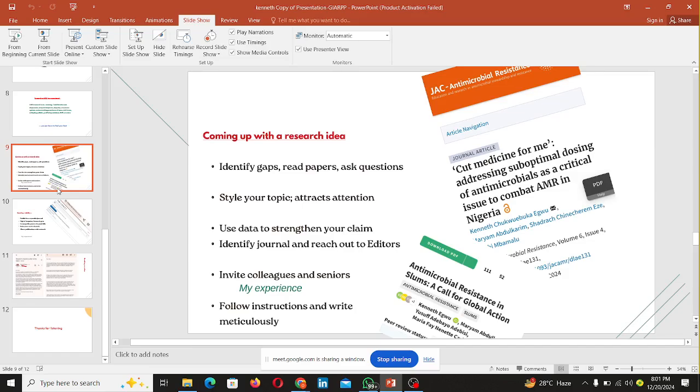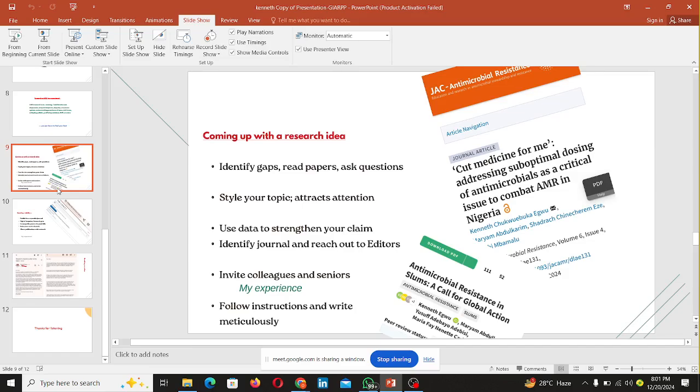Okay, yeah. So coming up with a research idea, I think I've covered a bit of this. If you want to come up with a research idea, it's very important that you identify gaps. One of the ways for you to identify gaps is reading papers and also asking questions. Sometimes this research idea could even come to you passively.